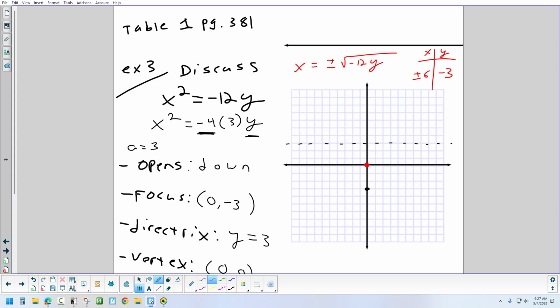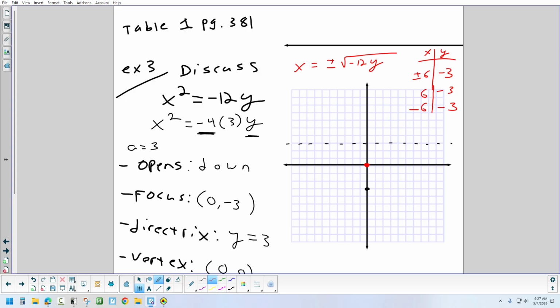If I wanted to write it as separate rows in the table, it would be 6, negative 3, negative 6, negative 3. That's still a function. You can have two different input values going to the same output value. That just means it fails the horizontal line test, which means it's not invertible, meaning you can't find the inverse of it. But we don't care about that.